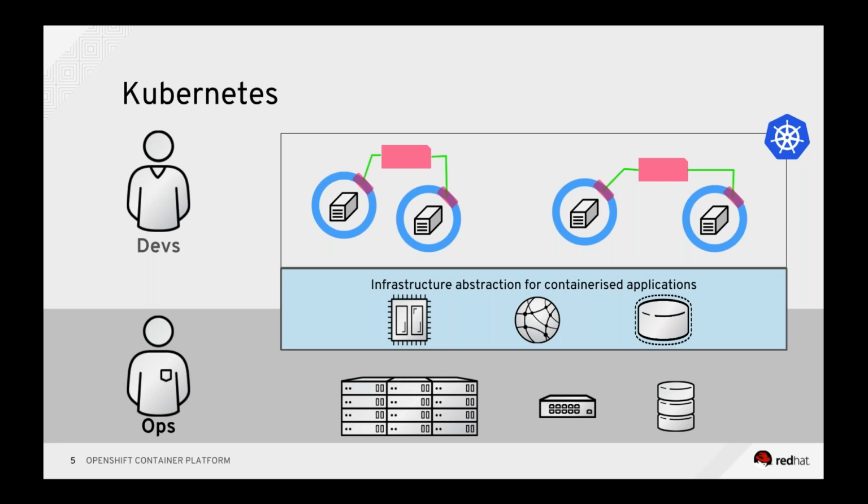Kubernetes provides an abstraction across our underlying infrastructure, but unlike things like infrastructure as a service, which provides great automation for infrastructure components like virtual machines and storage and networking, Kubernetes is designed from an application perspective. So the abstraction works from those app perspectives.